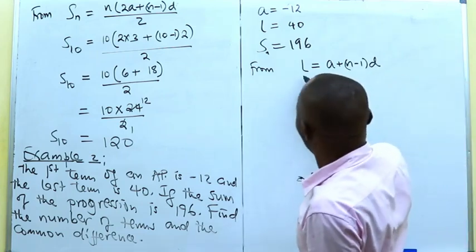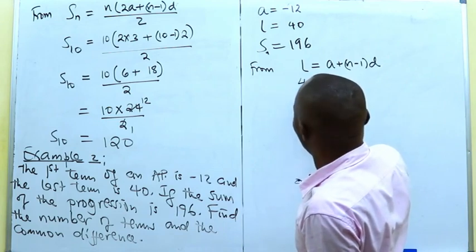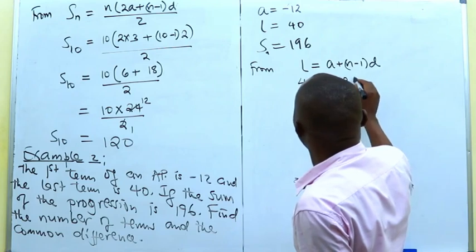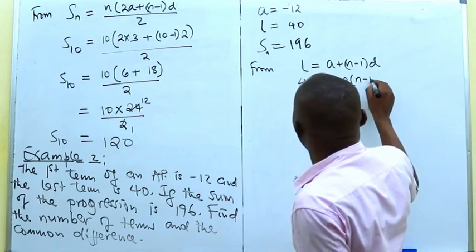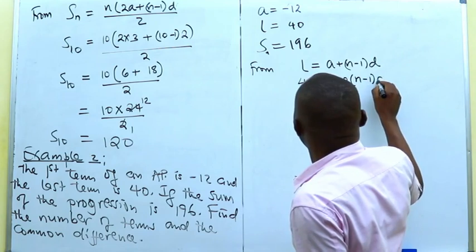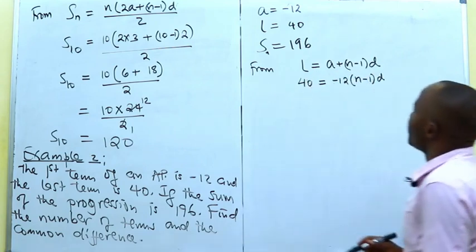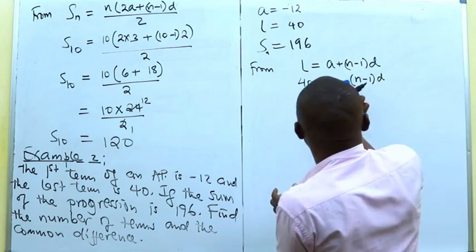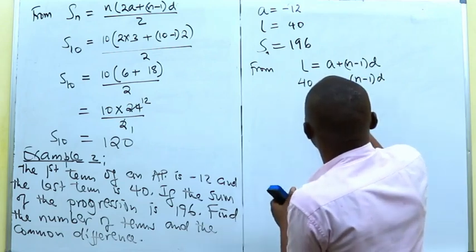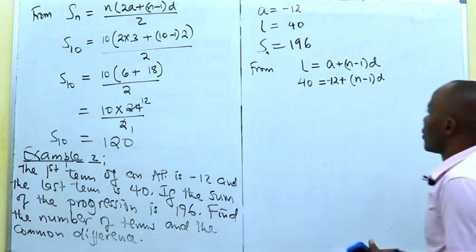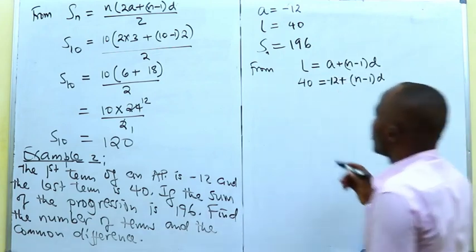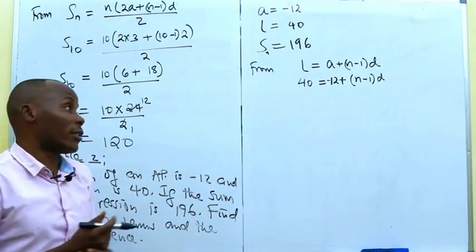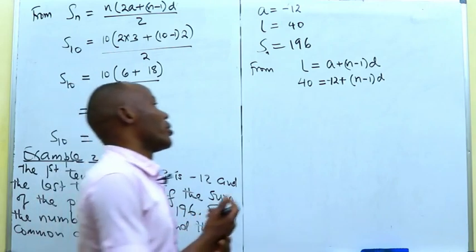Our L is 40, our first term is negative 12, we don't know the number of terms and we don't know d. Remember, L stands for the last term, and the formula for the last term is L = a + (n − 1)d.